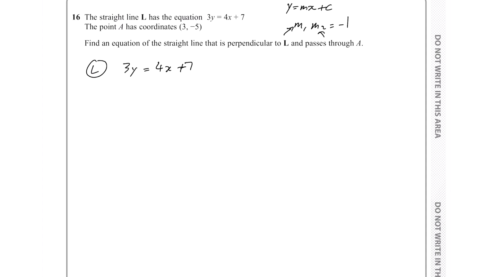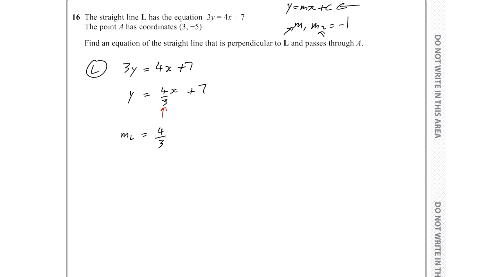Now let's write this in the form y is equal to mx plus c. So we're going to have to divide each side by 3. So that's y equals 4x plus 7 over 3. So now from this, we can work out the gradient. Well, the gradient is m. In this case, m is that value there. So that's going to be m for the line L is 4 over 3.